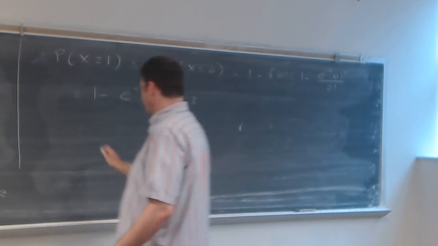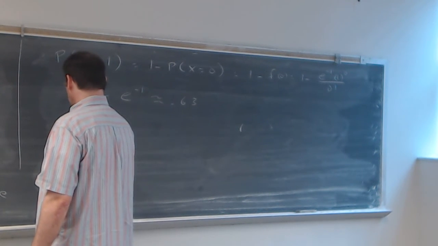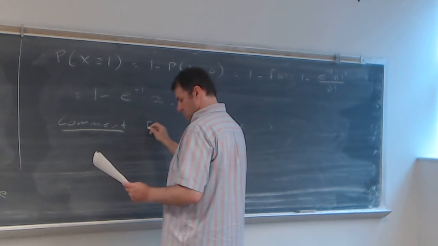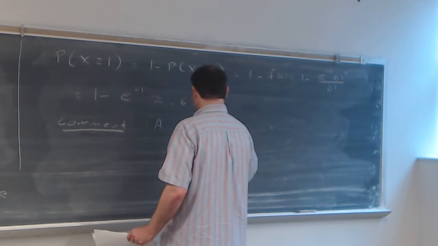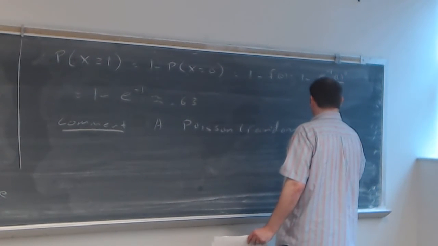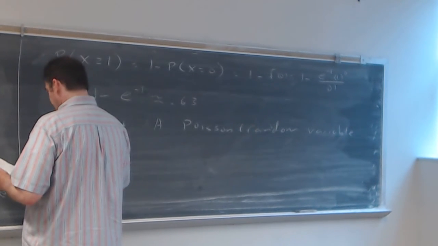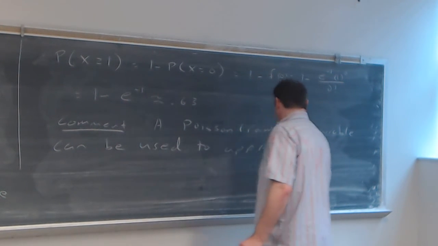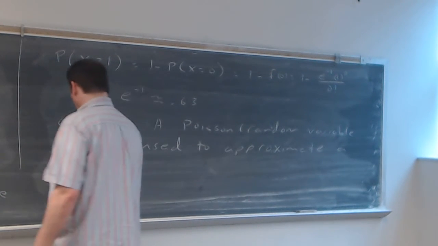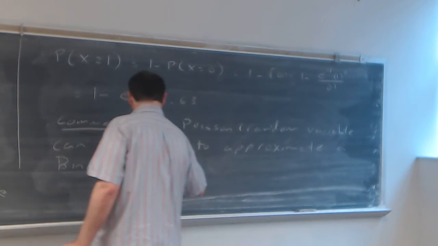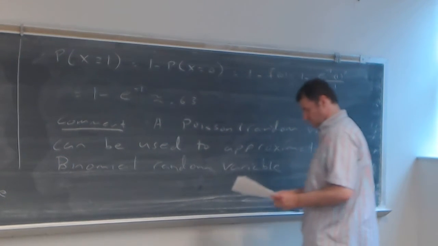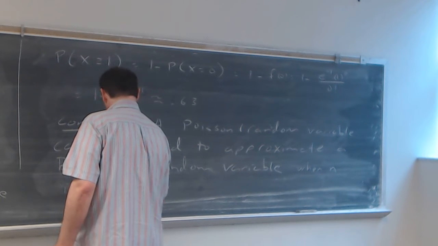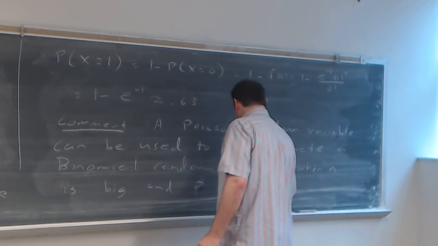All right, kind of a fact and comment. It says a Poisson random variable can be used to approximate a binomial random variable when n is big and p is small.